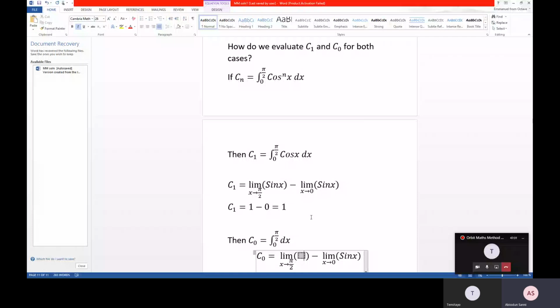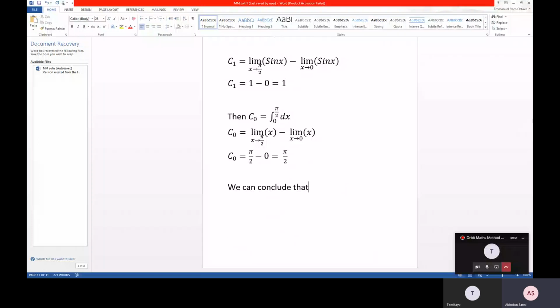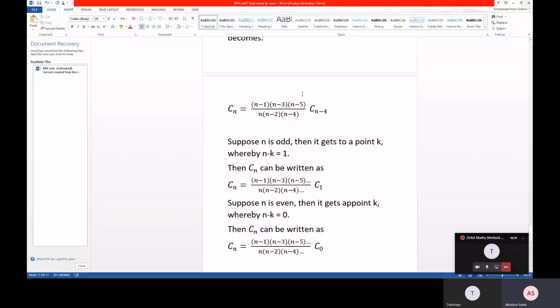So we can now conclude that our Cn is equal to this times 1, with our C1 in this case being 1.